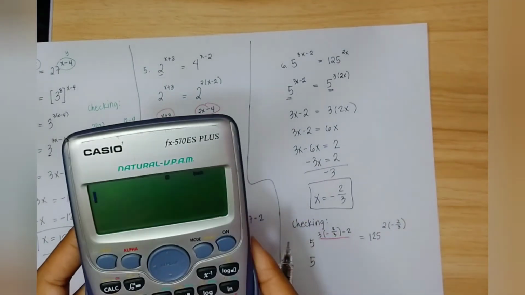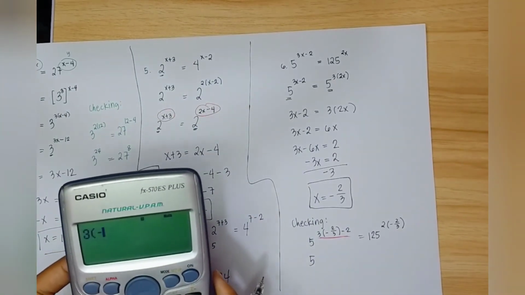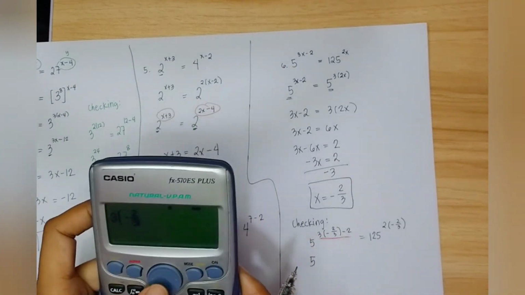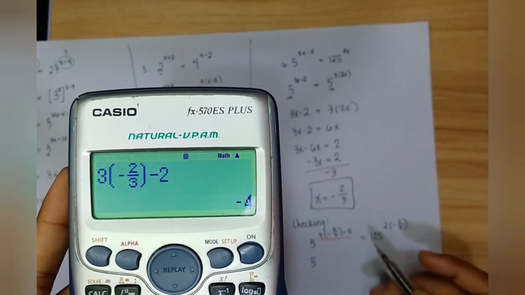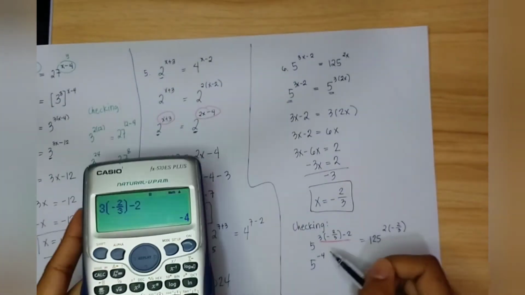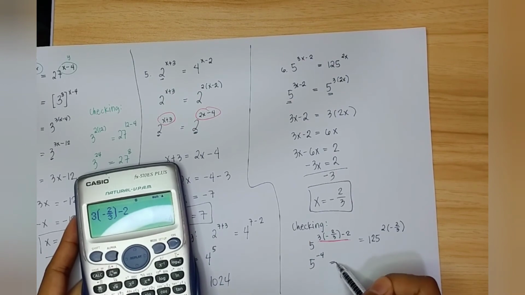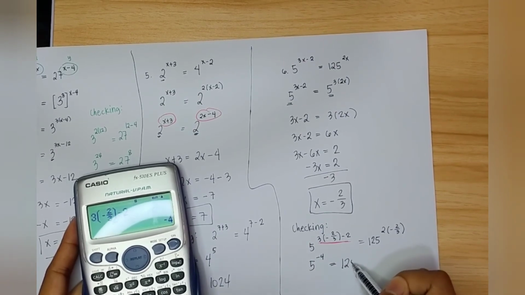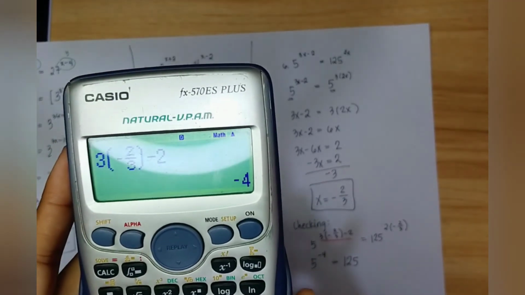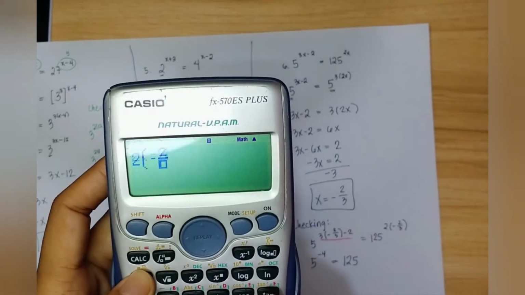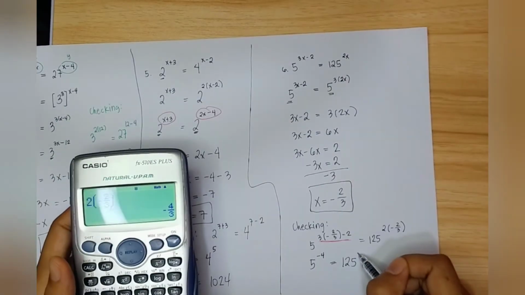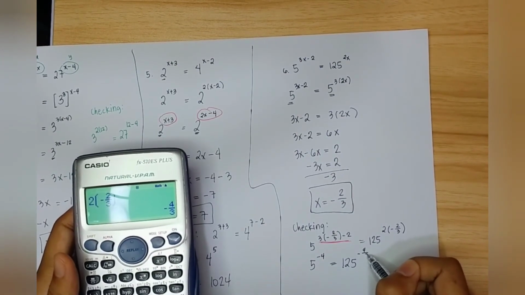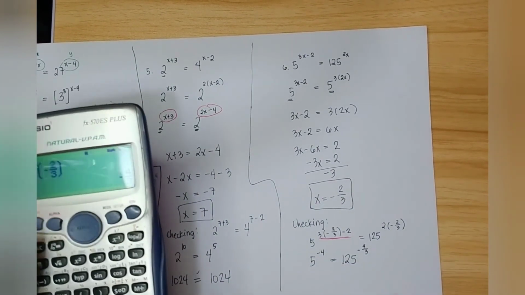This is 3 times negative 2 thirds minus 2. So, that is negative 4. So, copy natin negative 4. Then 2 times negative 2 thirds is equal to negative 4 thirds. So, try natin kung equal yung value.